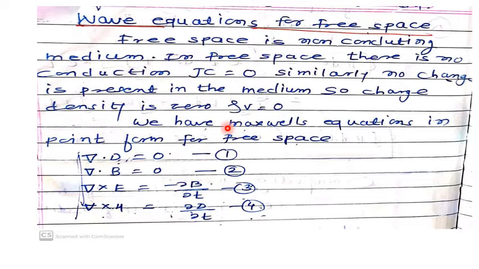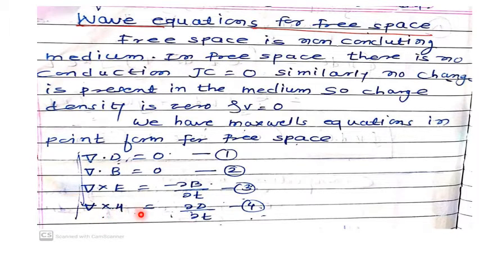So Maxwell's equations in point form for free space can be written as: del dot D is equal to generally rho v, but as rho v is equal to 0, del dot D is equal to 0. The second equation remains the same, del dot B is equal to 0. Then the third equation, del cross E is equal to minus dB by dt, remains the same.